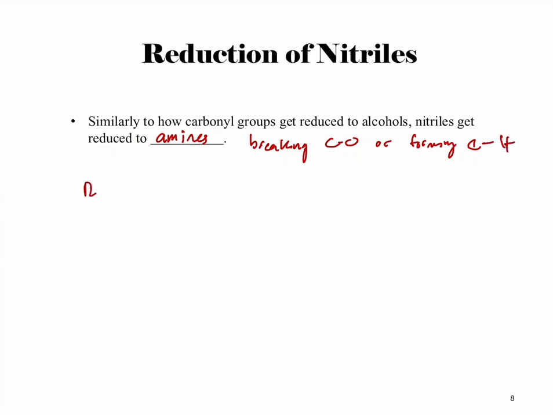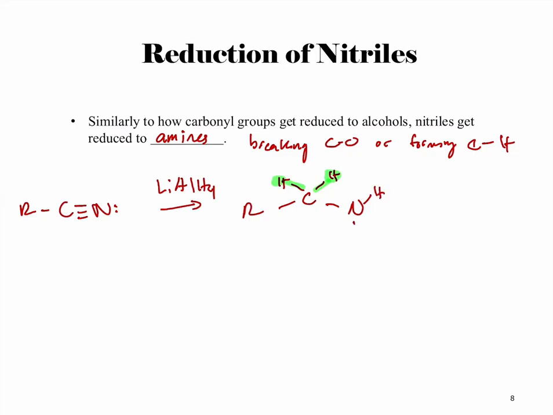If we have our nitrile group here, and we put this in strong reducing conditions, like lithium aluminum hydride, we should form, because we don't have carbon-oxygen bonds to break here, carbon-hydrogen bonds, which are what I have highlighted right here. These are new carbon-hydrogen bonds, and then we have an amine as the other substituent group after reducing the nitrile into an amine.